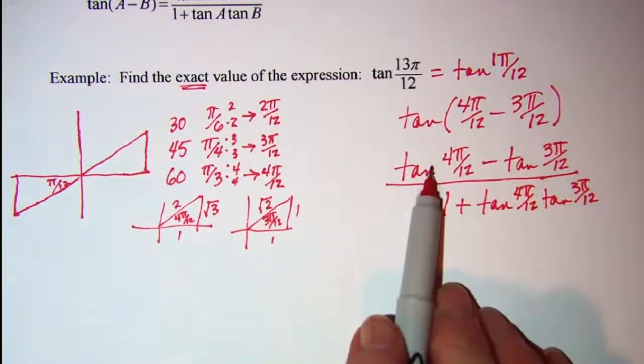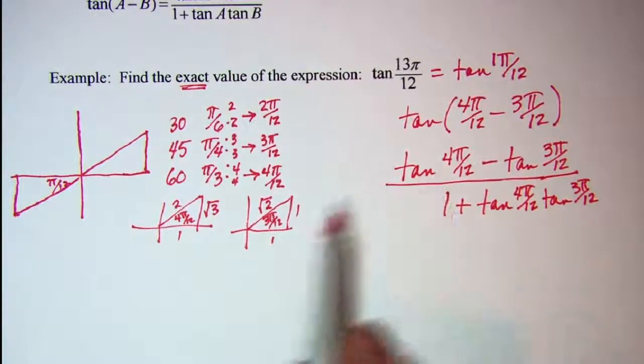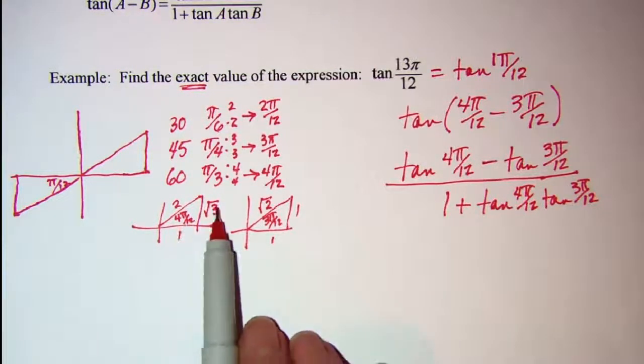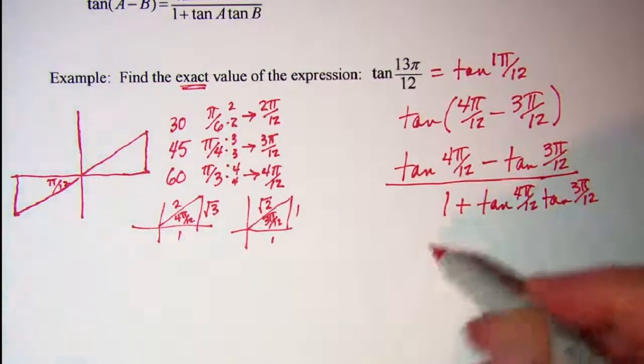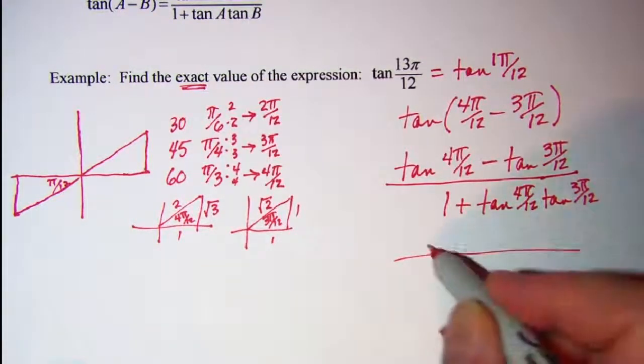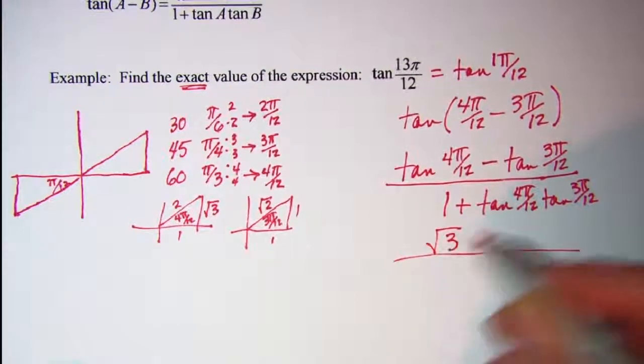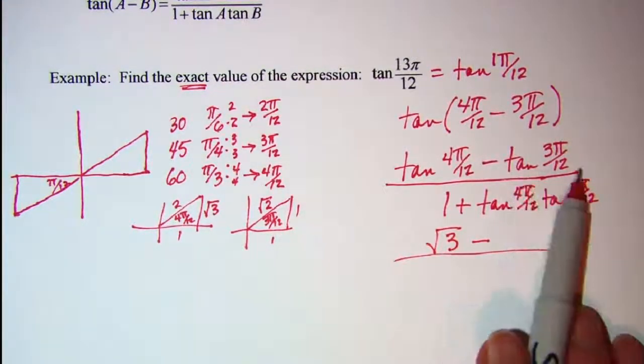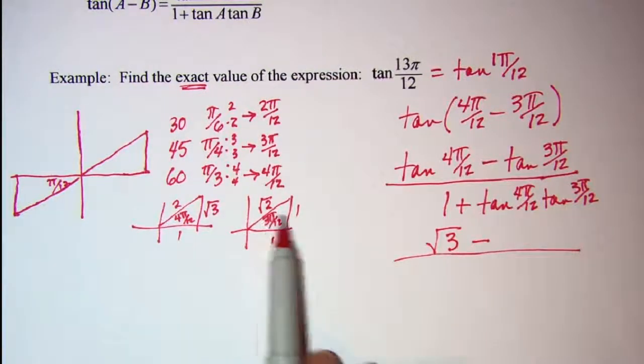Now tangent is defined as opposite over adjacent. So for the 4 pi over 12, the tangent is root 3 over 1, which is just root 3. Subtract. And then the tangent of 3 pi over 12, again opposite over adjacent, so that's 1.